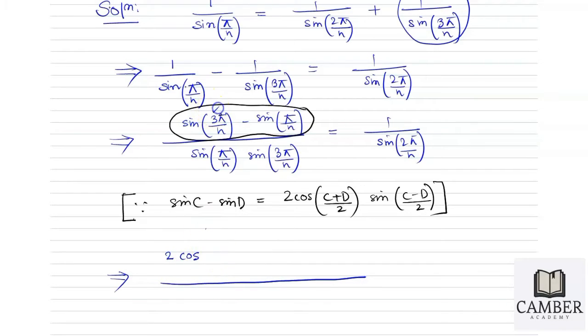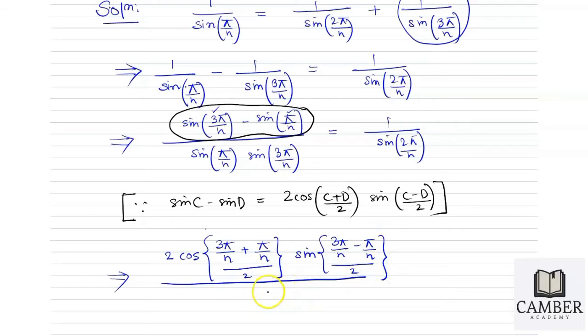So this one is c, this one is d. So c is 3 pi by n plus d is pi by n, divided by 2. Next term is sine of c minus d by 2, that means 3 pi by n minus pi by n, divided by 2.